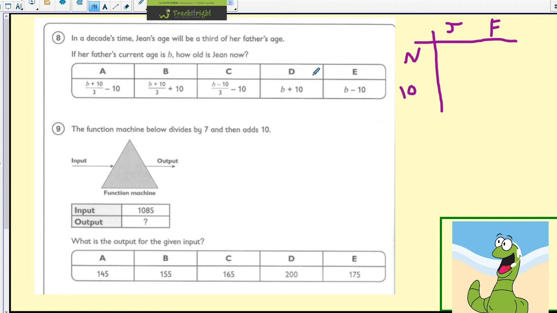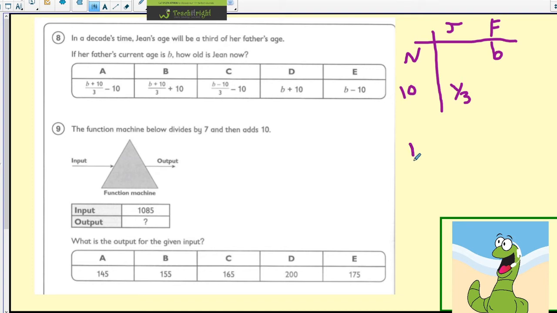So first off, I want to see what information they've given us. So Jane's age now, well, we don't know. In a decade's time, it will be a third of her father's. Her father's current age is B. Oh, they haven't given us enough to fill out the other two, so maybe it is an algebra one.